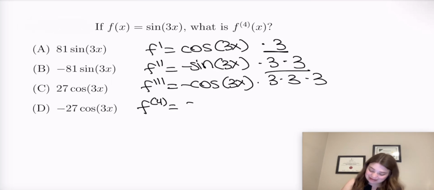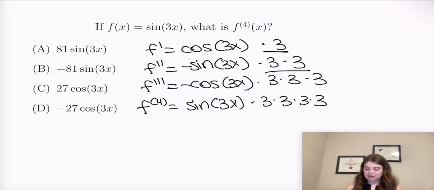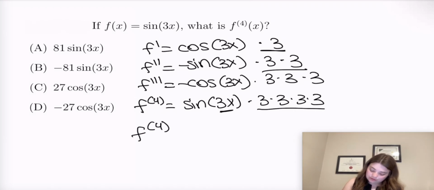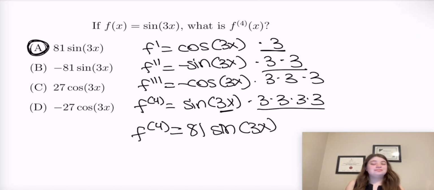So it's going to be sine of 3x once again, and then times 3 times another 3 because we're taking the derivative of the 3x once again. So if we neaten that up, we get 3 to the power 4, which is 81. So the fourth derivative is 81 sine 3x, and that'd be A. And there we go.